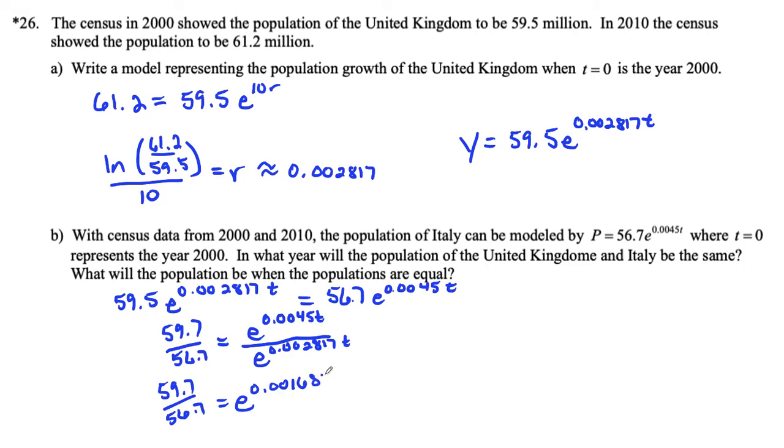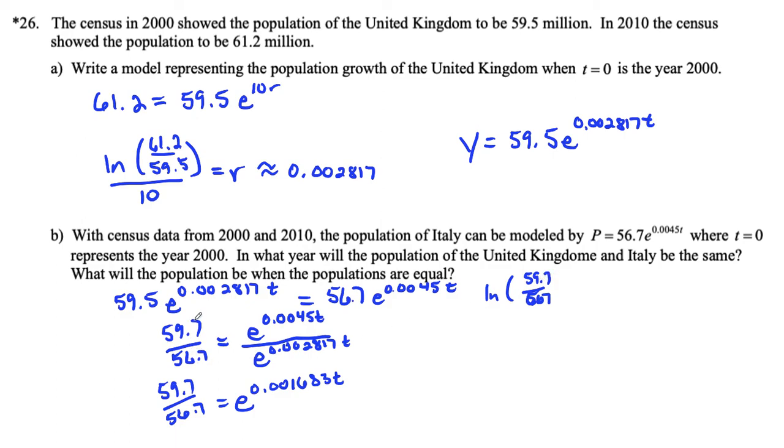0.001683 t. And now I want to switch this into logarithmic form, and then I'm going to end up dividing by the rate. At this point, my work is really similar to what I had up here in part A. So I know that this is going to be the natural log of 59.5 divided by 56.7.